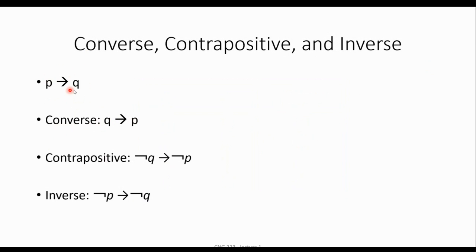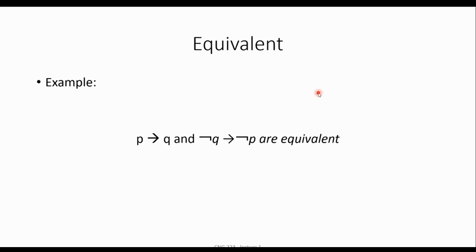Contrapositive means that negation of Q implies negation of P. So we show it like this. And later, I will show you these two are equivalent. And inverse shows negation of P implies negation of Q. Just apply negation to both sides without interchanging their place. Okay, so we should know about these three terms, and we use them a lot.